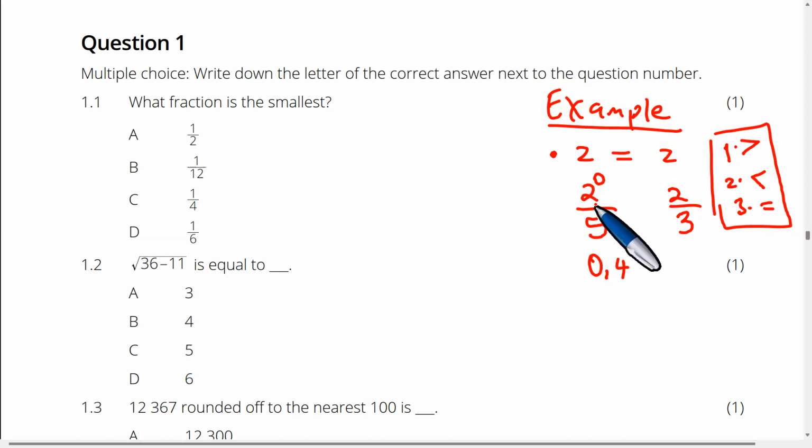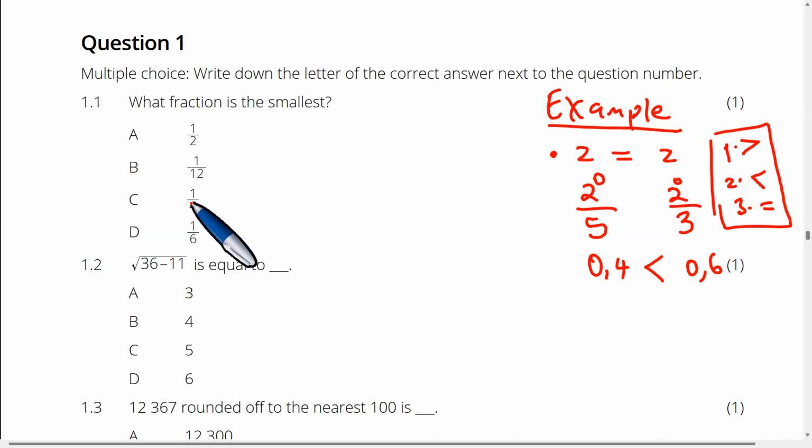And you say 20 divided by 5 is 4. 2 divided by 3 is 0, and then you put a 0, making it 20. 3 goes into 20 6 times, etc. And you can see, therefore, that 0,6 is certainly bigger than 0,4. Correct. So this is just an example.